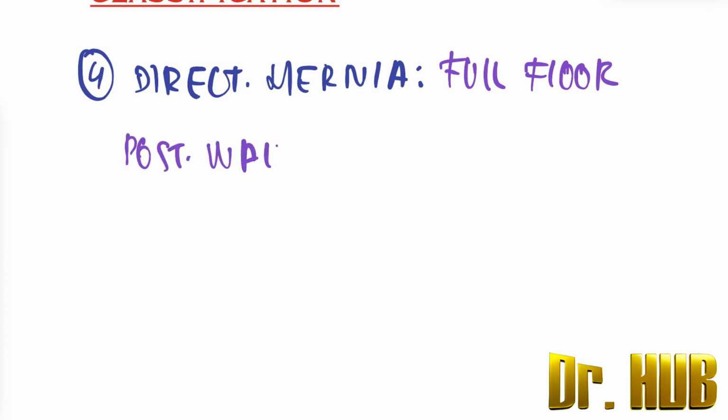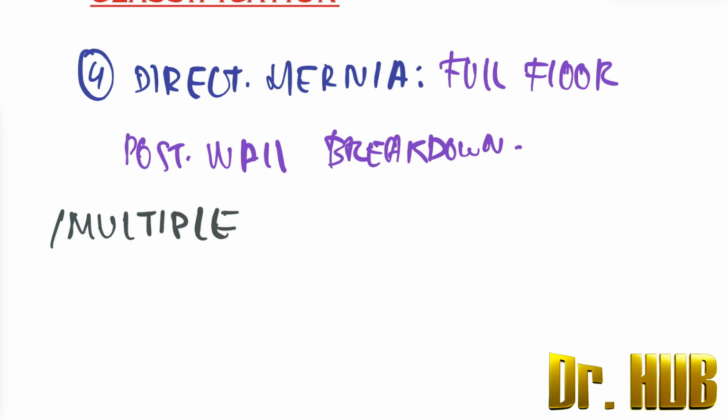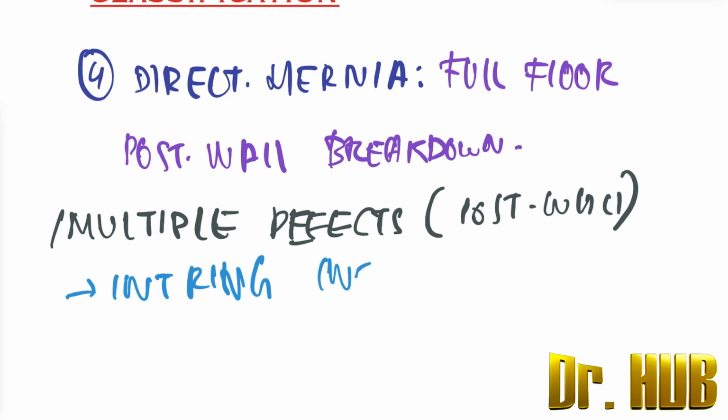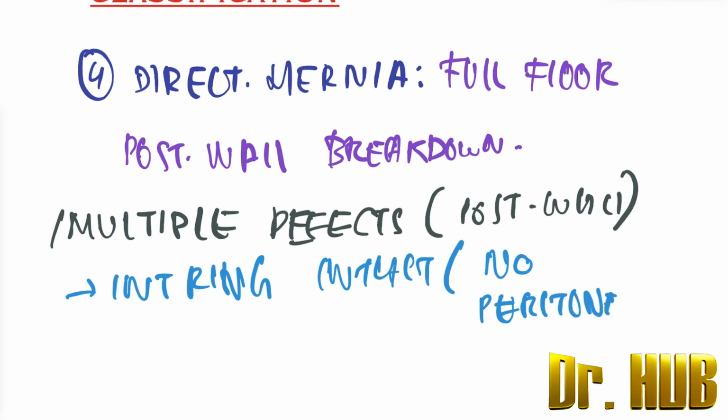There are multiple defects in the posterior wall, and the internal ring remains intact. There is no peritoneal sac.